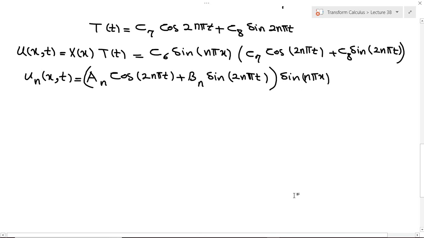Summation of u_n would satisfy the partial differential equation and boundary condition as well.